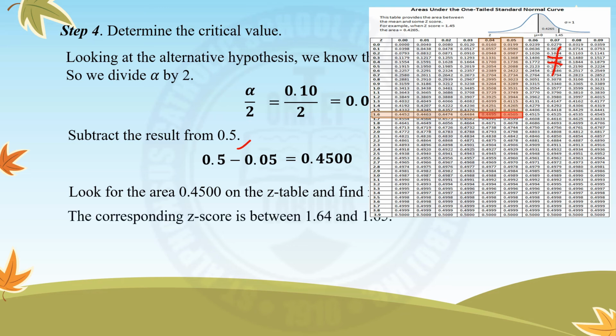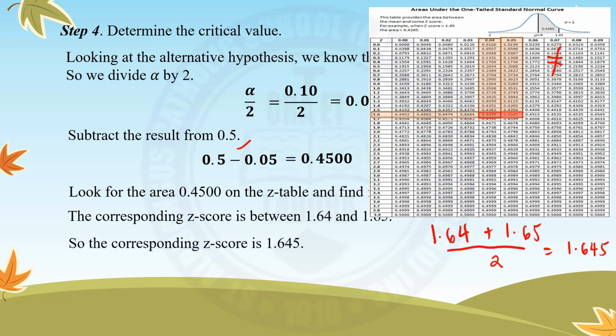So we will get the average of the two Z-scores, and that is 1.64 plus 1.65 divided by 2, and it is equal to 1.645. Meaning to say that the corresponding Z-score in between 1.64 and 1.65 is equal to 1.645.